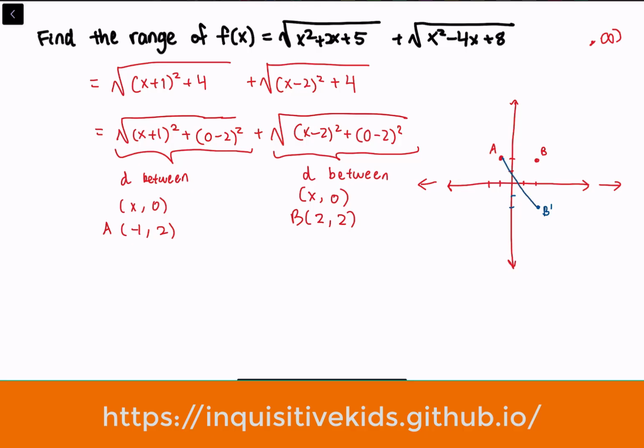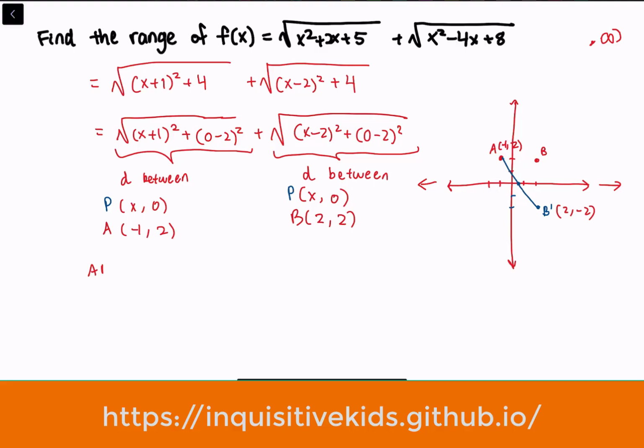This distance is the same distance as if you go from A to x and then x to B. Where AB prime intersects the x-axis is where point P is. So the coordinates of A is (-1, 2), and the coordinates of B prime is (2, -2).